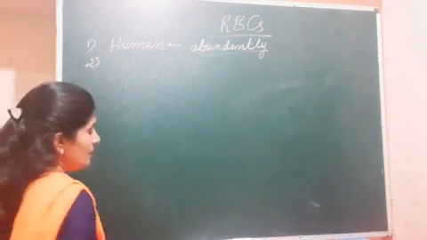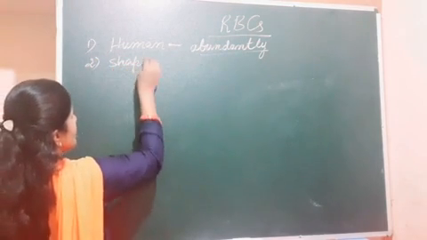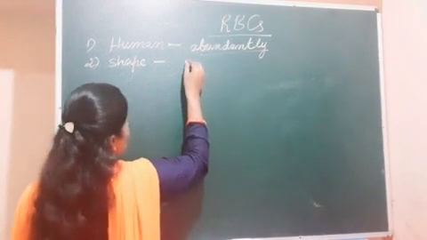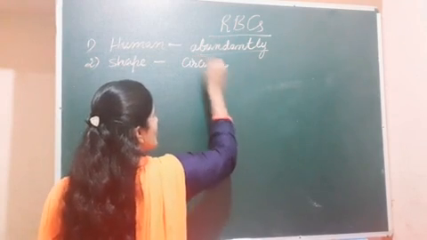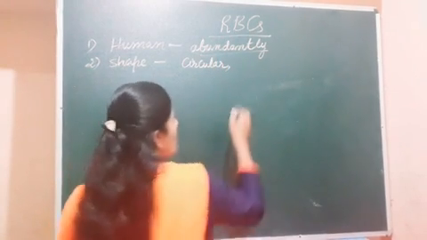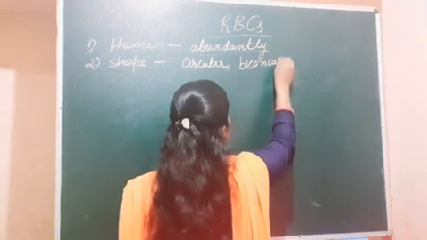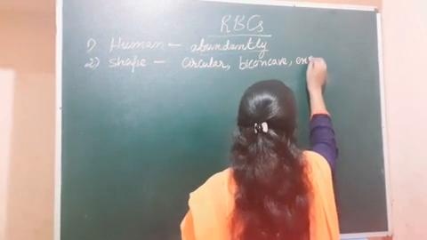And the shape of the RBC is circular, biconcave as well as enucleated.